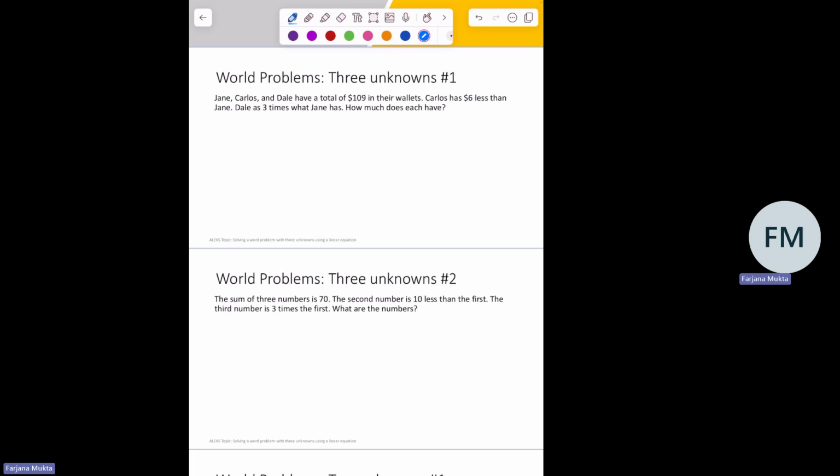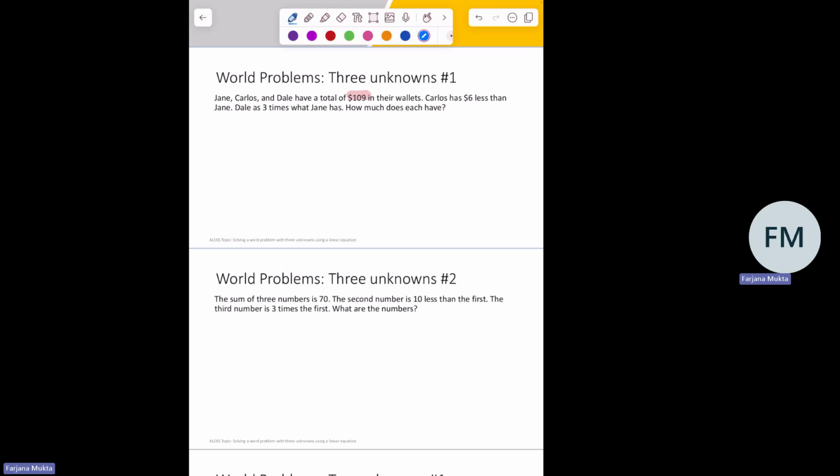And then we'll try to use this variable and interpret these sentences into mathematical equation and finally solve them, okay? Now here we have Jen, Carlos, and Del have total $109 in their wallet. Carlos has $6 less than Jen. Del has 3 times what Jen has. How much does each of them have, right?